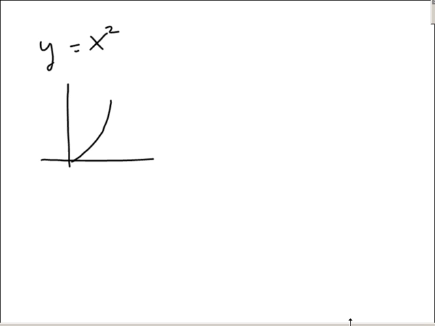Okay, that's y equals x squared, or at least part of it. And we only want to go up to the point 4. Okay, so that's what we revolve around the y-axis.